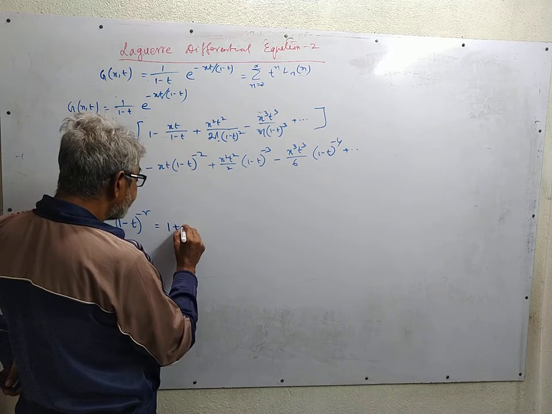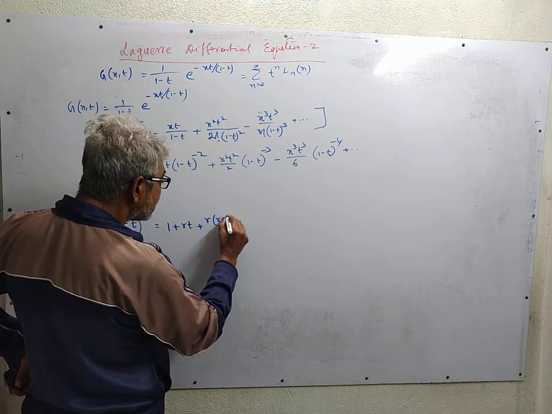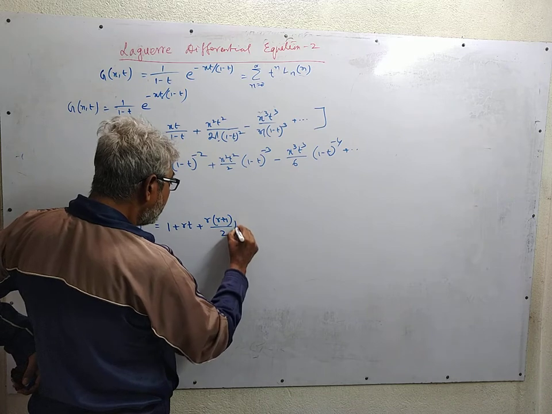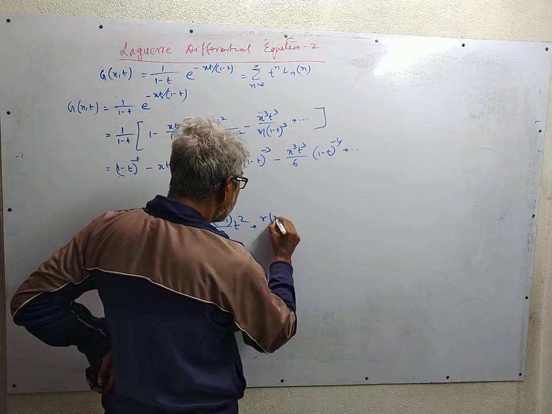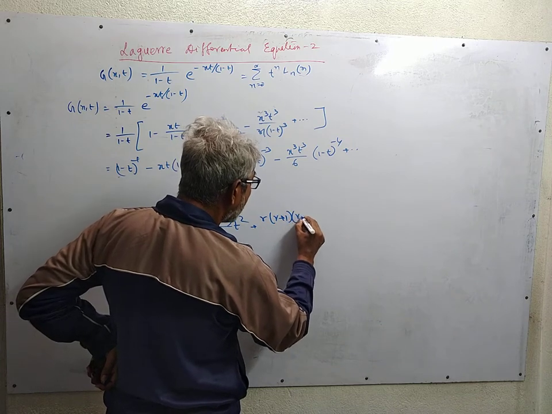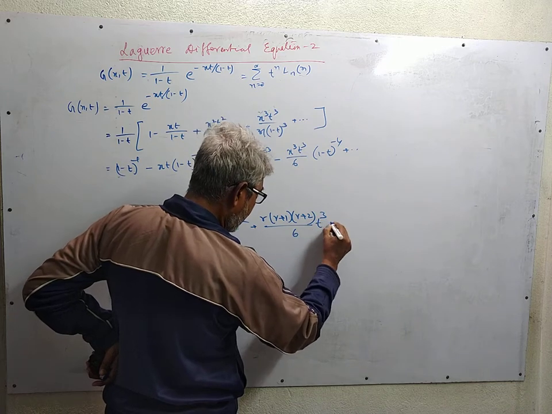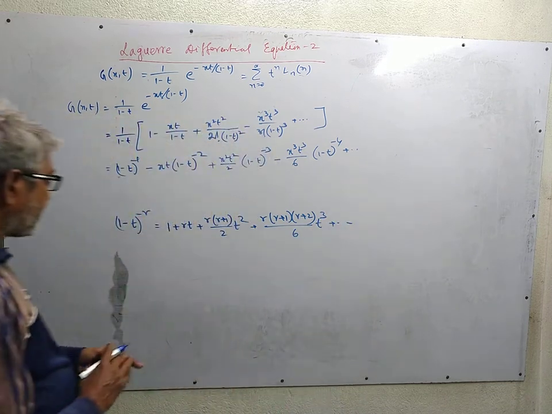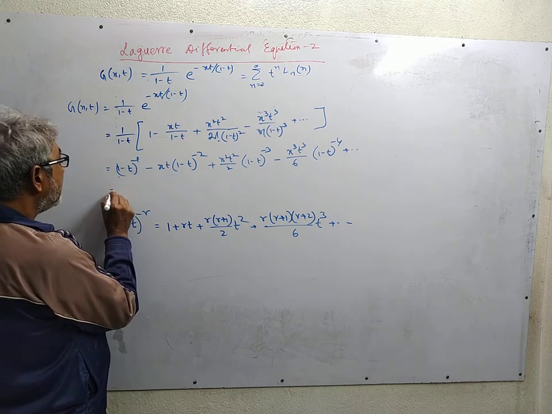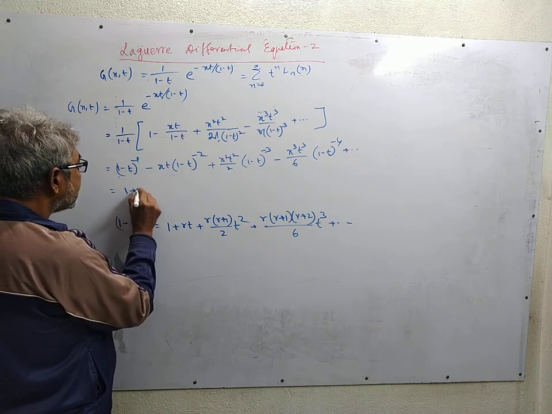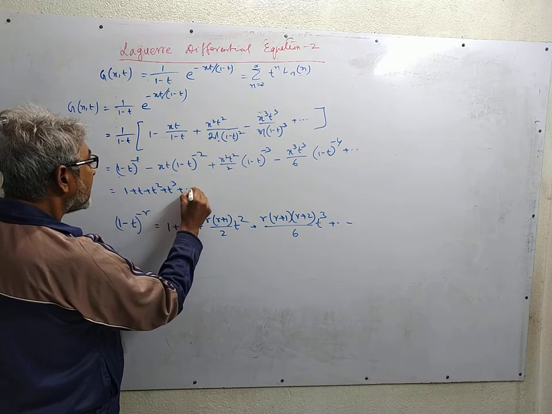It is 1 plus rt plus r into (r plus 1) by factorial 2 t square plus r into (r plus 1) into (r plus 2) by 6 times t cube and so on. So for the first term, r is 1. So this is 1 plus t plus t square plus t cube plus higher order terms.